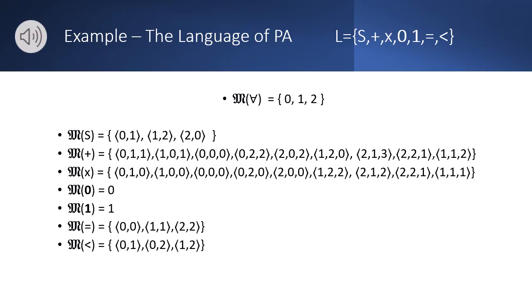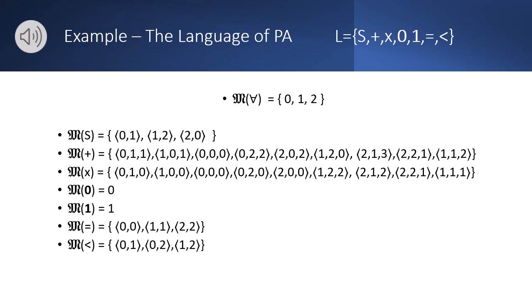Here we're free to really choose whatever we would like for our domain of discourse, as long as it's some non-empty set. And if we change that non-empty set, we would change our actual structure. But in this case, we're taking it to be just 0, 1, and 2. So there's three elements in our domain of discourse.